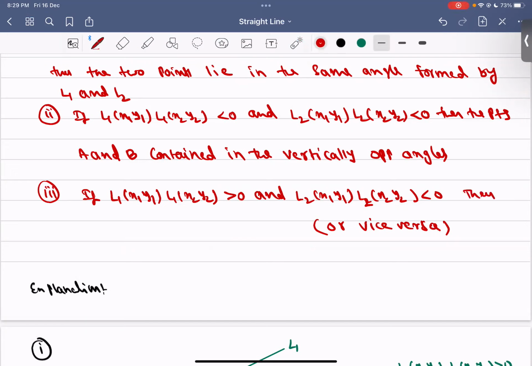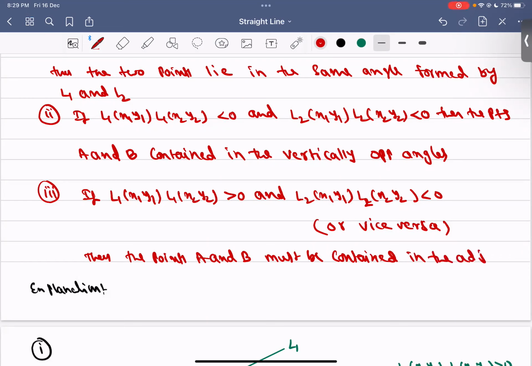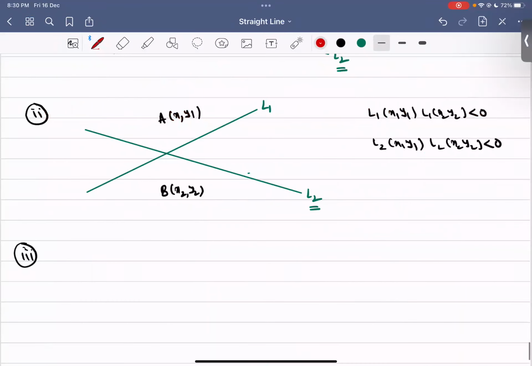Then the points A and B must be contained in the adjacent angles. So this is the third case.